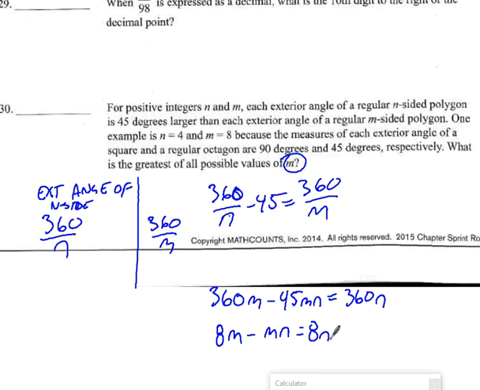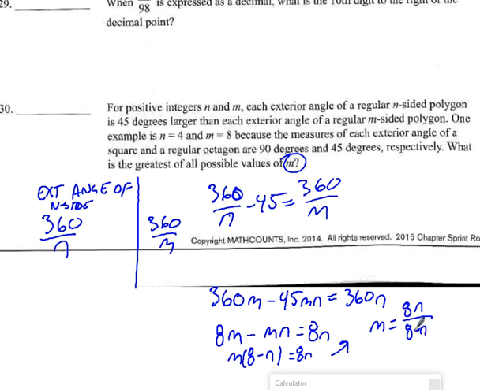All right. And so, again, we're trying to get the m's together. So right now I know I can factor out an m here, factoring out the greatest common monomial. So we get m times 8 minus n is equal to 8n, which means m is equal to 8n over 8 minus n.